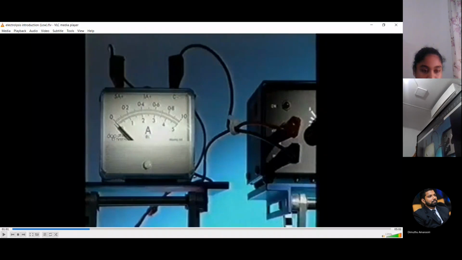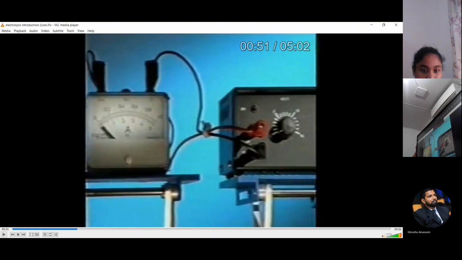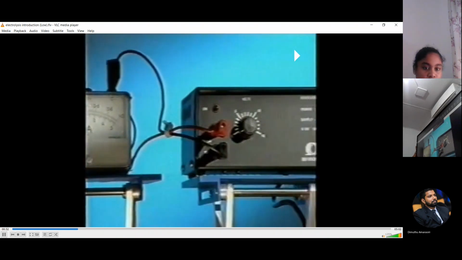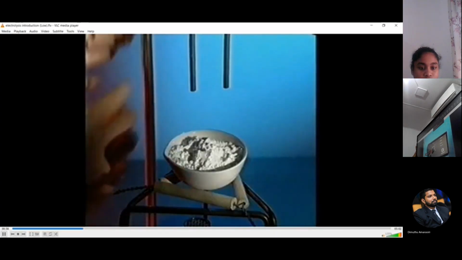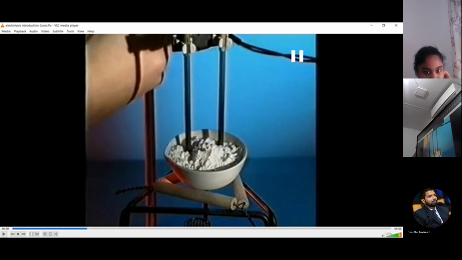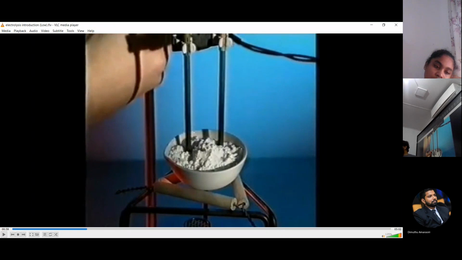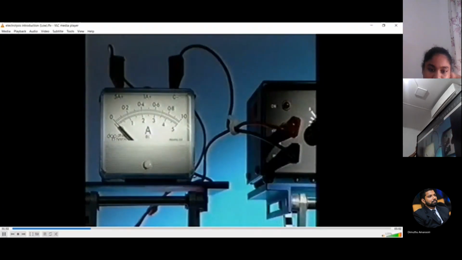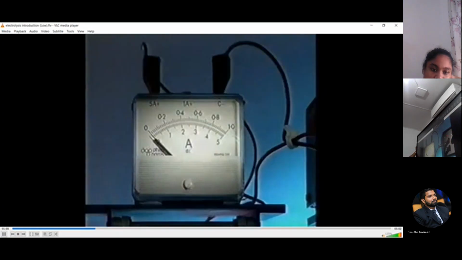Switch on the power supply and nothing happens. The ammeter reads 0.